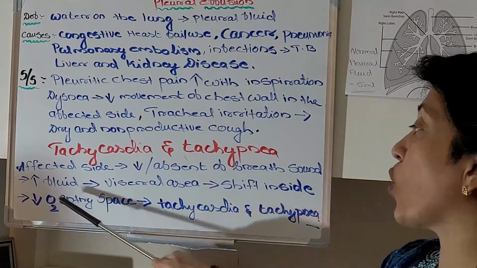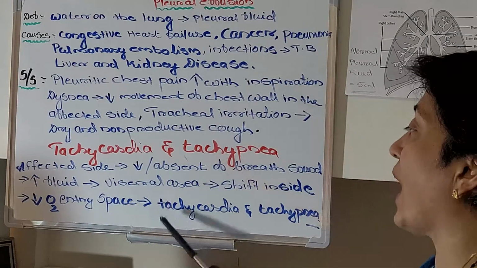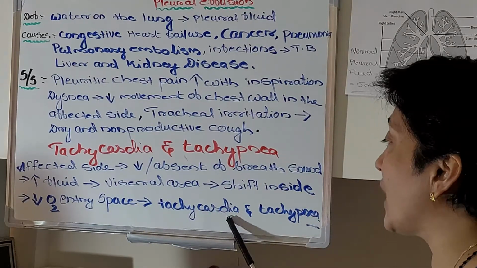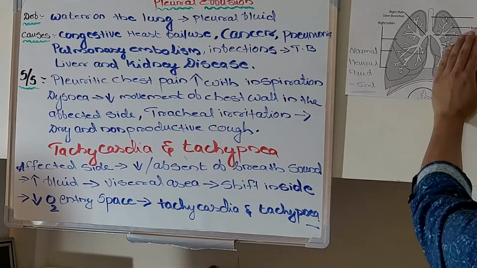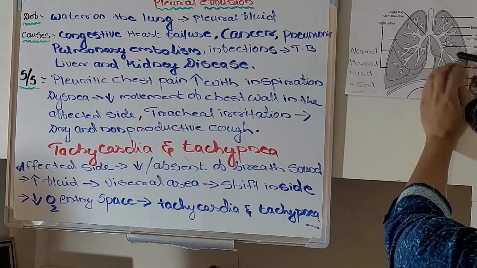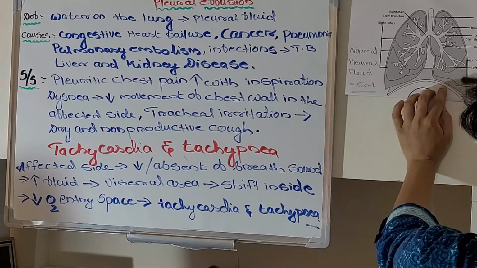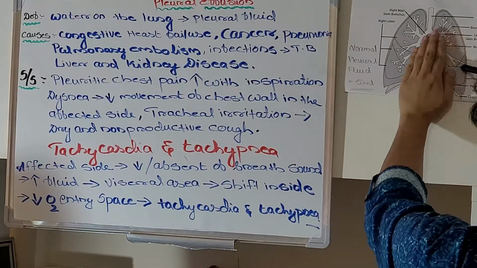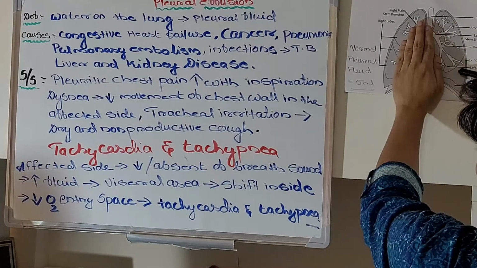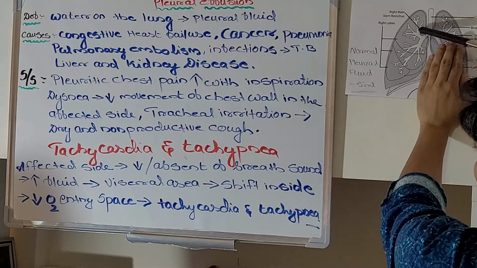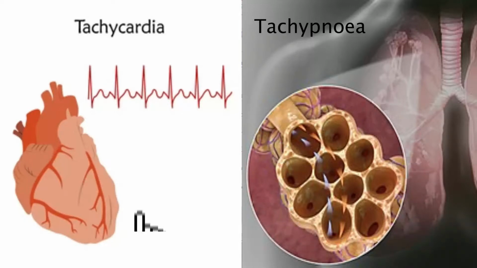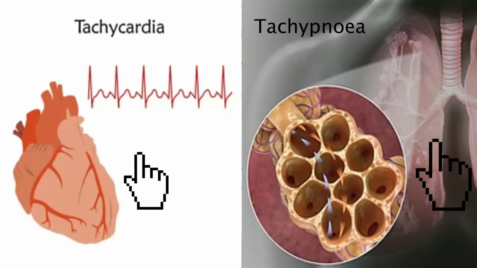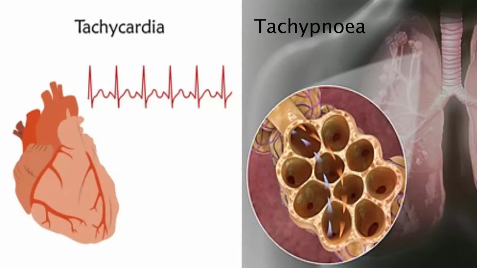So in case this part of the lung is affected, because the fluid collection here is increasing, it pushes towards the unaffected side. On the unaffected side also the space will get reduced, so there is decreased entry of oxygen into the lung, which causes tachycardia and tachypnea. These are the two main signs and symptoms of pleural effusion.